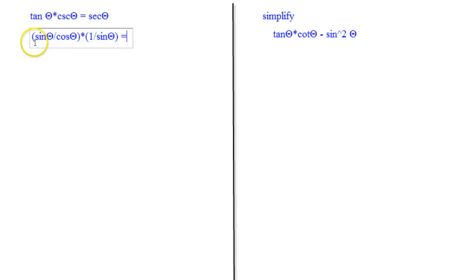Okay, and then when I simplify, I'm going to find that these two are going to simplify to 1s. I'm just left with 1 over cosine of theta. And guess what? That is the same as secant of theta. Okay, and so I verified that this left side can actually turn into this right side pretty fast.